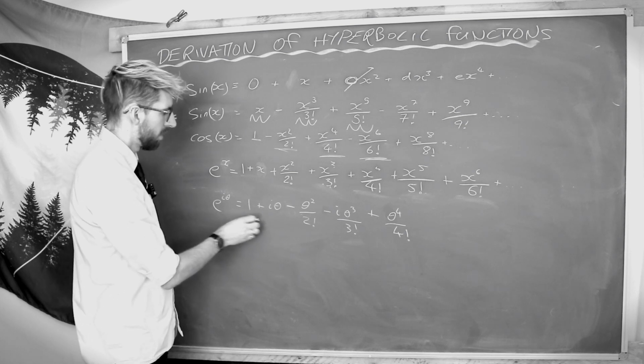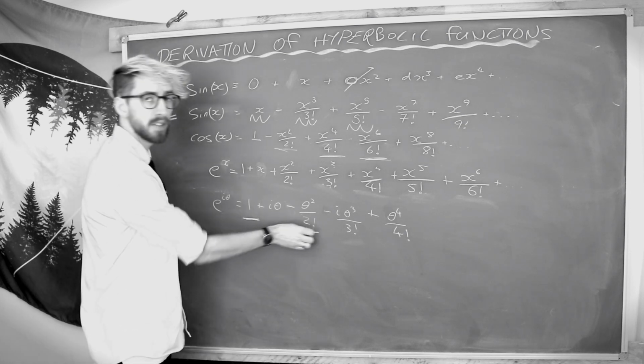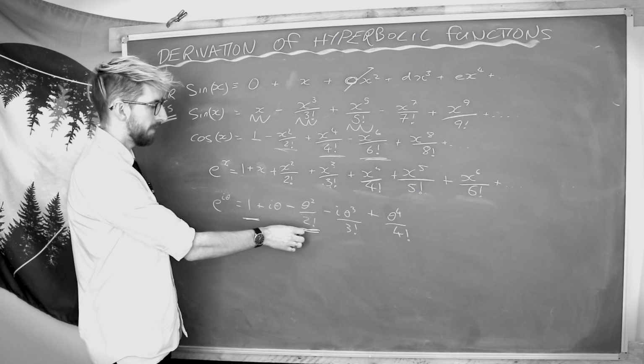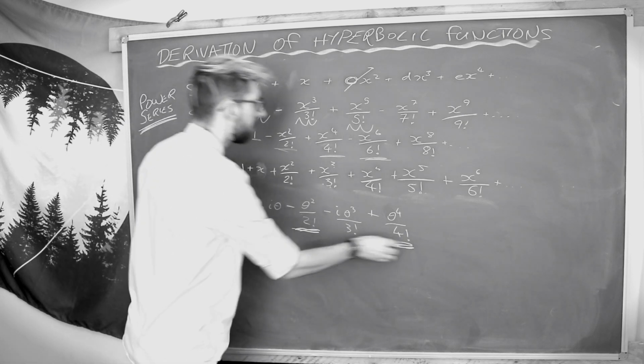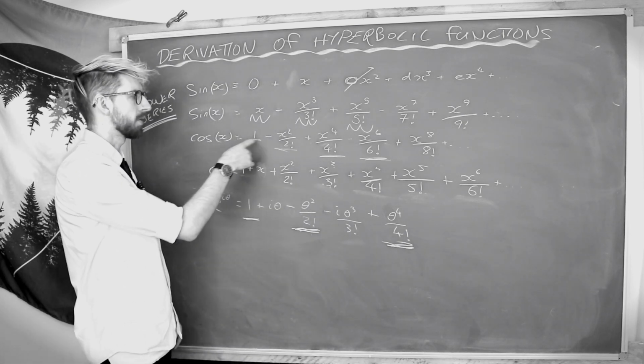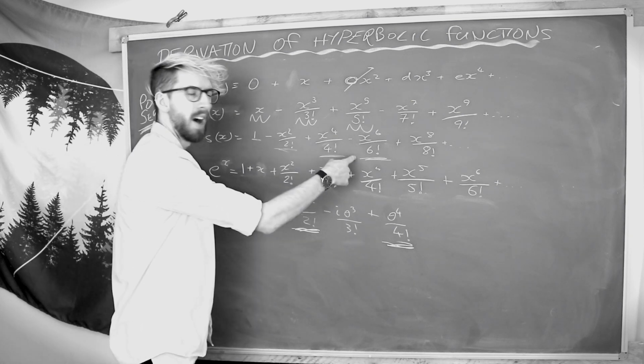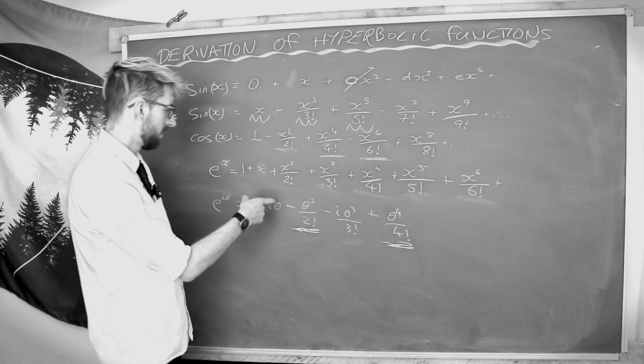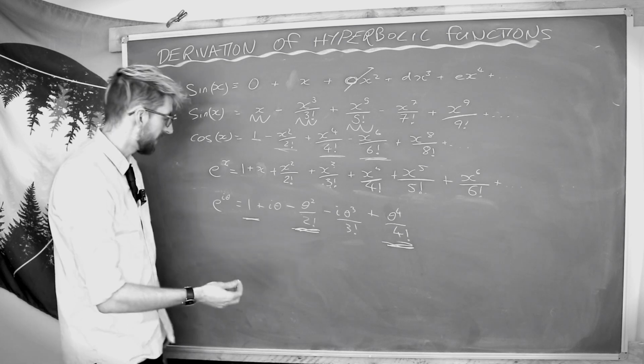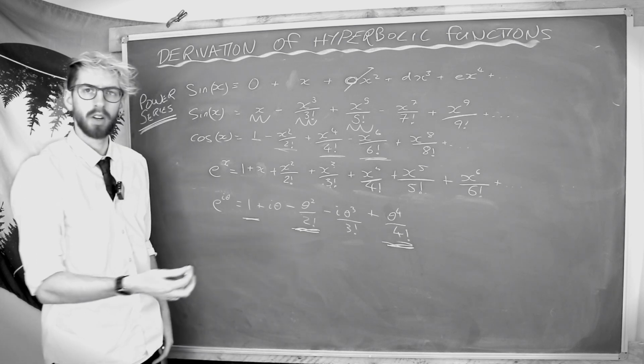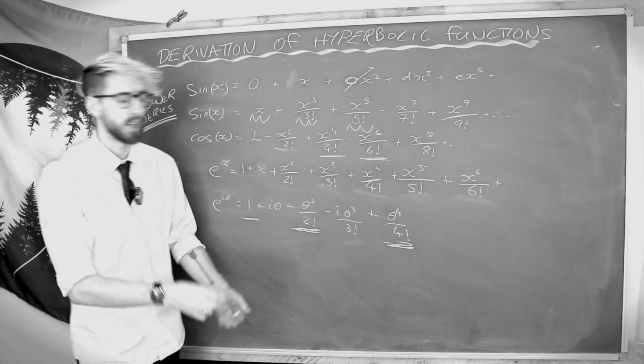This is 1 minus this squared bit plus the 4. Well, cosine was 1, then minus, then plus, then minus. All that bit's just cosine of theta. So we can do all that and just say that's cosine of theta.